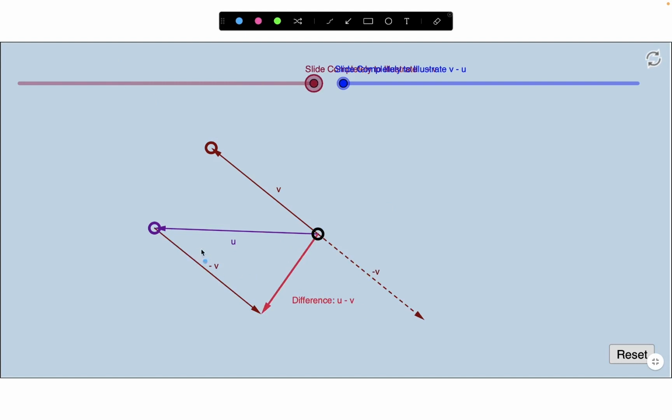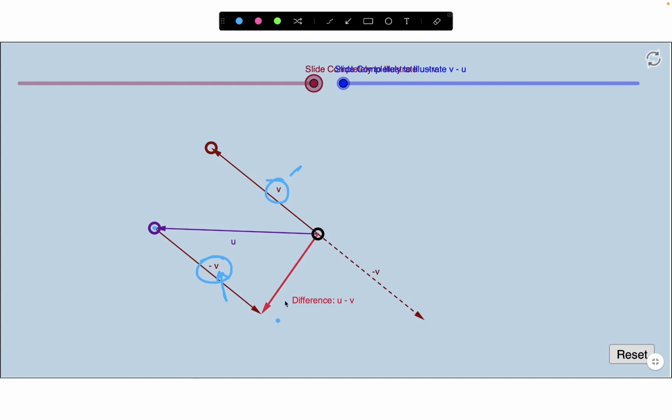Now we can also understand that whatever vector v you have, a parallel vector joining the tip of vector u with the same magnitude as that of v and the opposite direction to v would result in minus v, isn't it? So the direction is opposite and hence we have this negative sign here, but the magnitude is the same, and hence we are still calling it a vector v here.